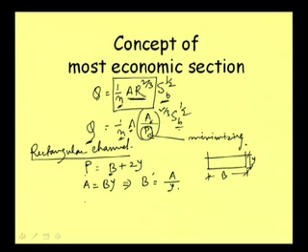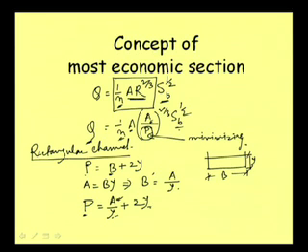Now, P is equal to, say we can write it as A by y plus twice y. Now, if we consider P, we can consider P as a function of y, because we are targeting that A is fixed, and then we are trying to find P as a function of y.